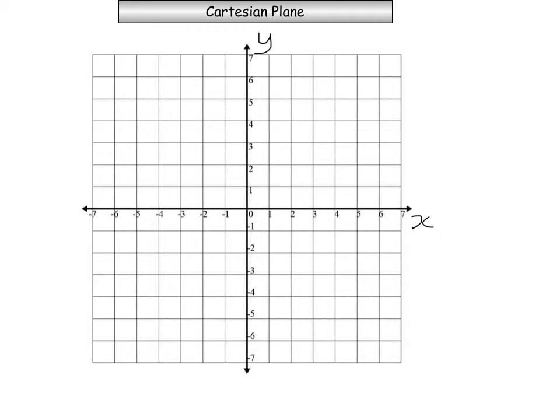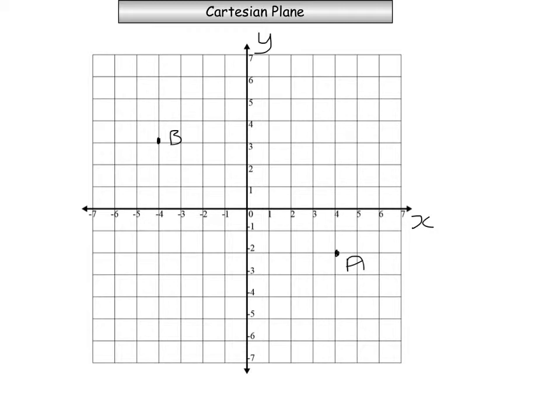Now on the Cartesian plane, as mathematicians, we like to plot points, so we might plot a point here and call that A, and we'll also plot a point over here and call that B. It's really important that we understand what coordinates mean. Co meaning shared, and ordinate is a number.